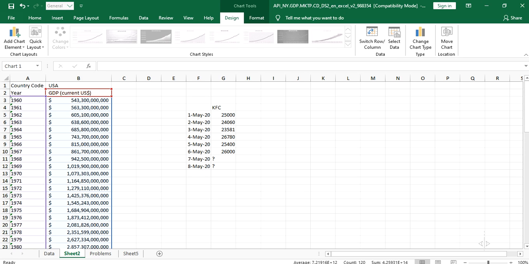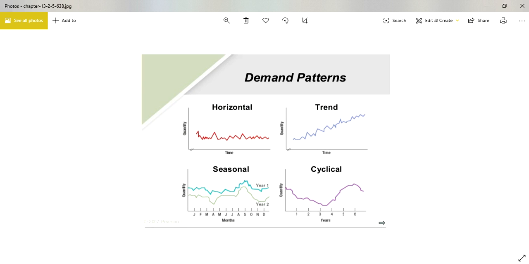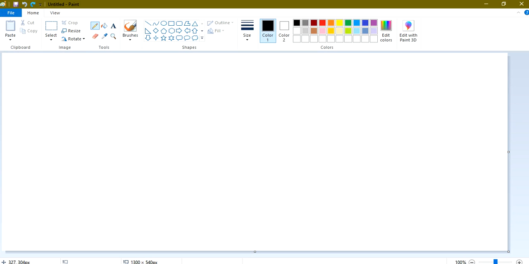But on normal days from Monday to Friday the sales are low. So if we check the daily data for this KFC, we will see a seasonal pattern: every weekday is like this and then it rises up, for example, in this way.